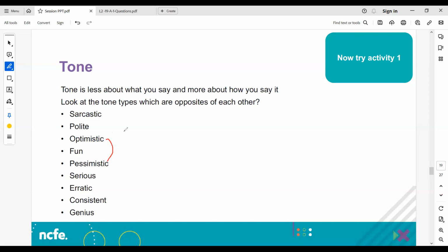So they are opposites. So if we look at sarcastic, if you're very sarcastic in your writing, so if we're being sarcastic about a person, that's quite rude, isn't it? You're making fun of them. So what would be the opposite of that? Consistent. Not consistent. So if we imagine sarcastic meaning rude.